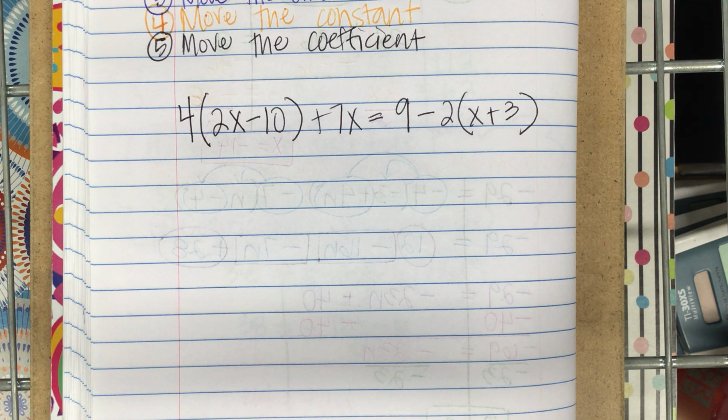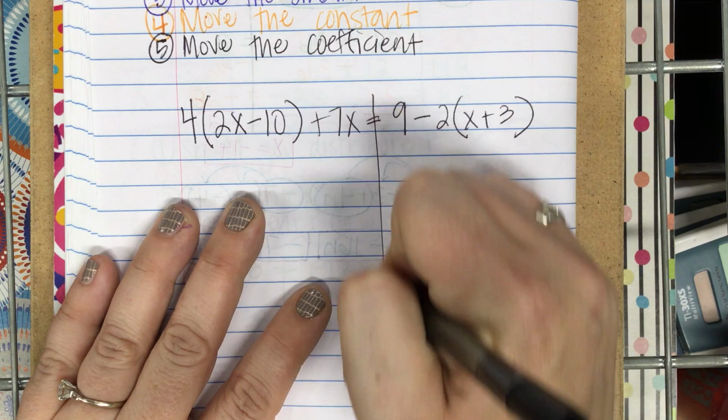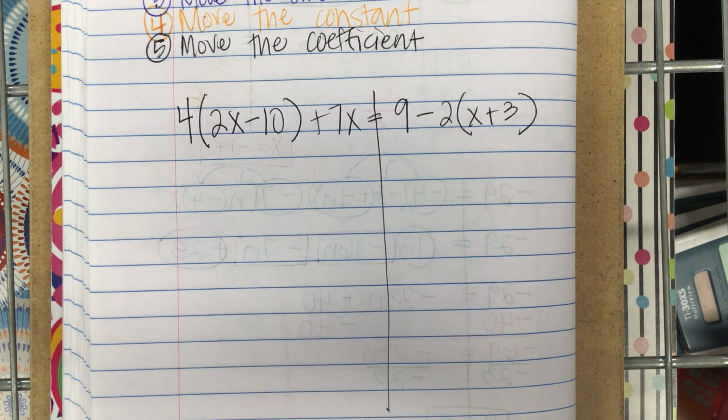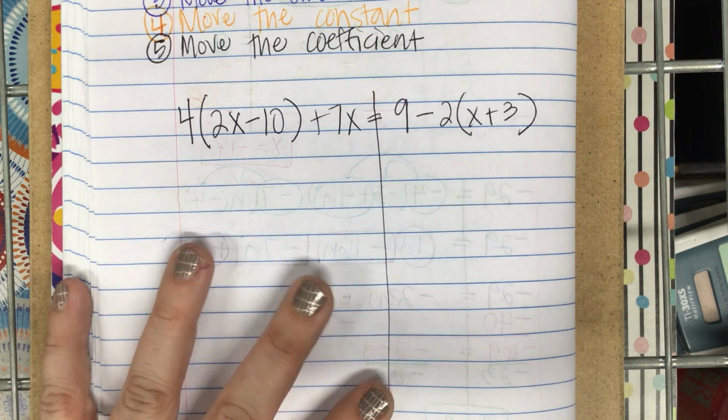Four times the quantity 2x minus 10, plus 7x, equals 9 minus 2 times the quantity x plus 3. Terrifying, right? No, not terrifying. Organizational tactic number 1: draw a line down the equal sign. I've got to keep myself balanced. I've got to stay organized because this is going to be some work. But if I ask myself these 5 questions every single time, I'll be okay.